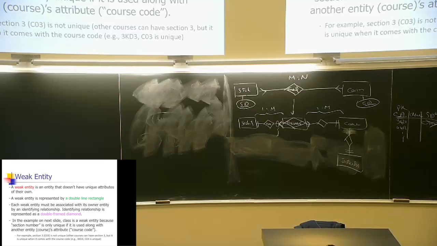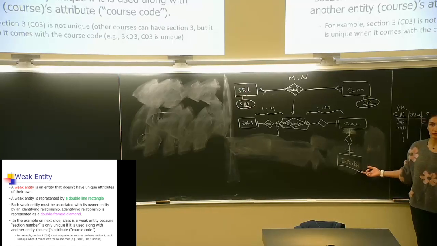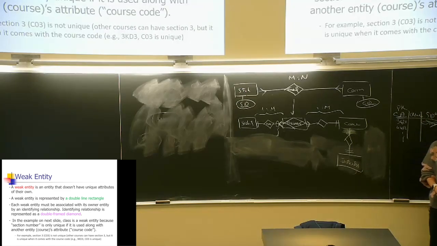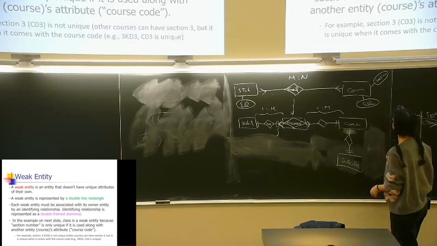You can either add it as an entity, or as an attribute. This is the most confusion that you may get. What are the other choices? Nothing, right? Course section is not a relationship. It's either an entity or an attribute of the course. So you either want to have sections here, or you want to have it as a separate entity.